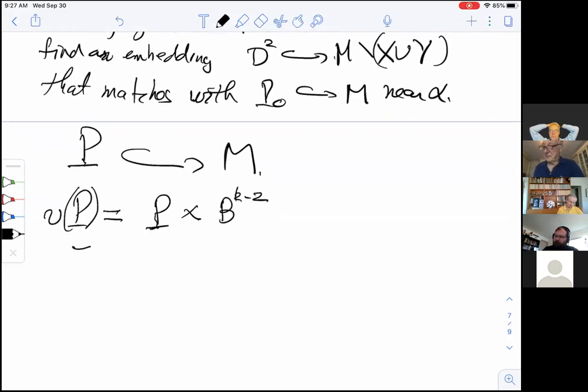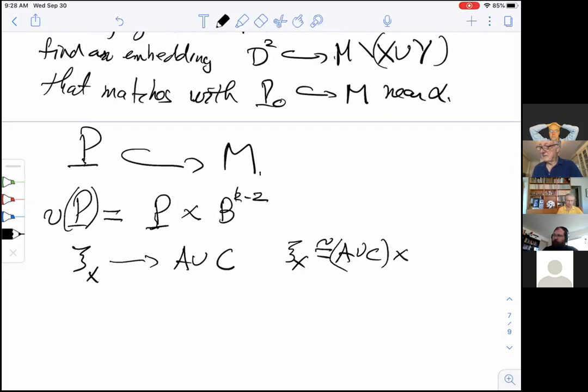We also have this bundle CX over A union C, and I can choose an isomorphism, a trivialization of it, over A union C cross, well, let me do all of Euclidean space, not just the ball. So let's think about the normal bundles.